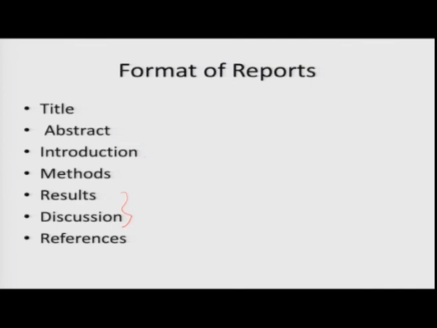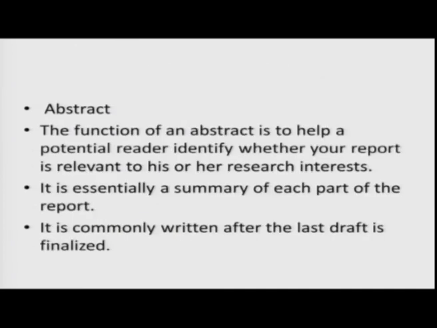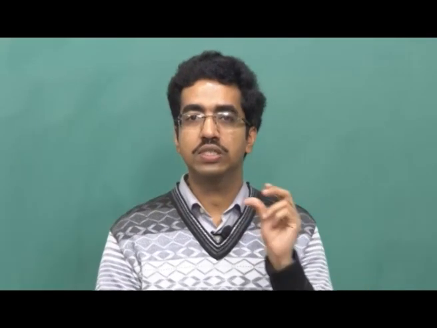Main components of each of these sections you put together in an abstract. Therefore, it is advised that you write the abstract once your complete report is ready. Then you know what you need to focus on in each of those components, and then you can write the abstract.